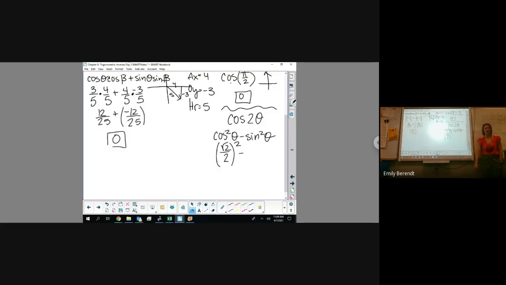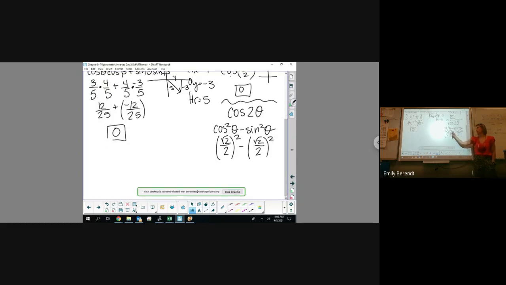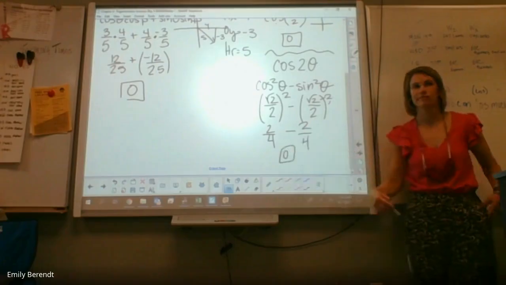Minus, what is the sine at pi over 4? So what happens here? They cancel and give you 2. But what happens here? Minus, what happens here? 2. What's 2/4 minus 2/4? 0.